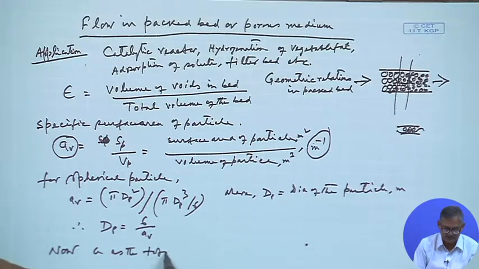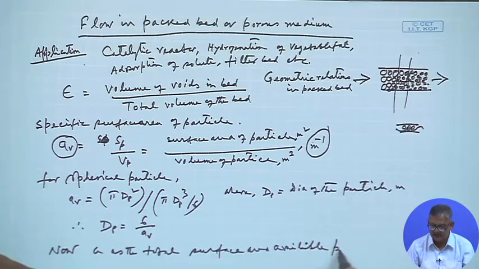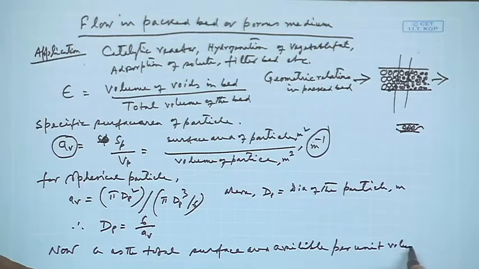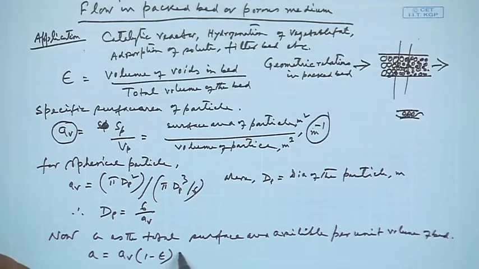Now, if we define another term called A as the total surface area available per unit volume of bed. If we say that, then A becomes equals to AV into 1 minus epsilon, which is 6 times 1 minus epsilon over dp, right.